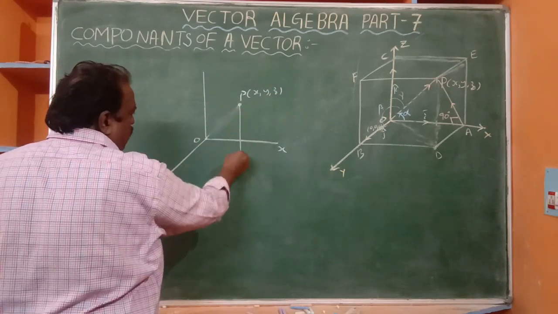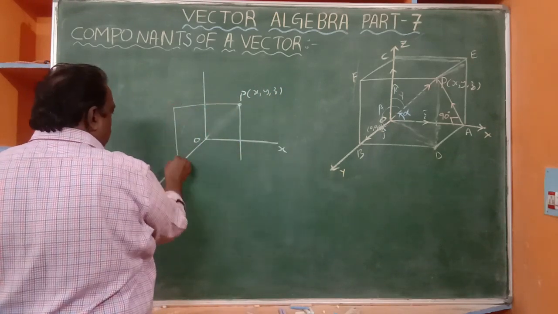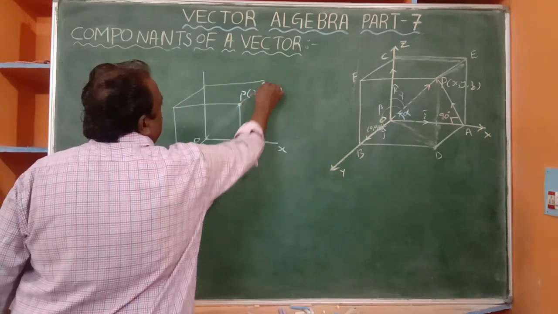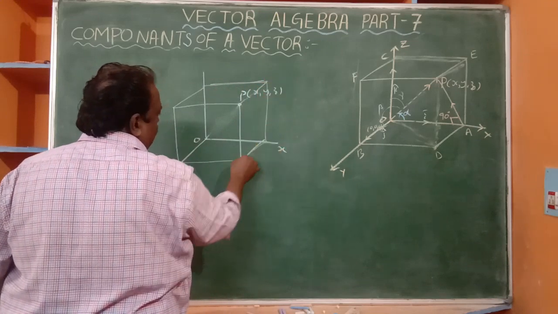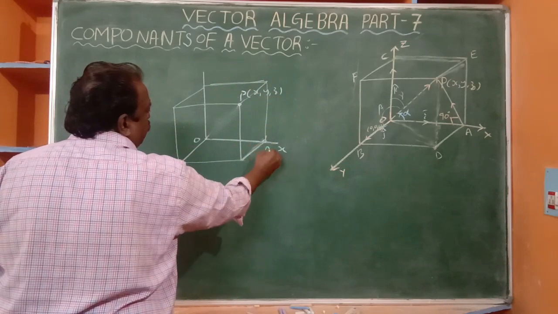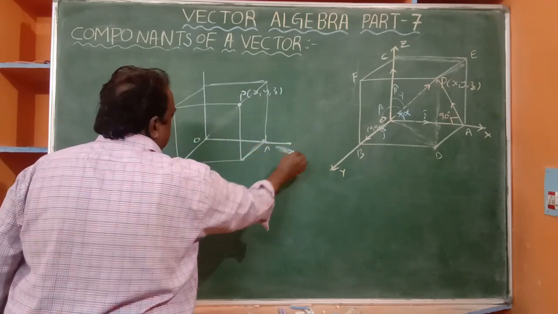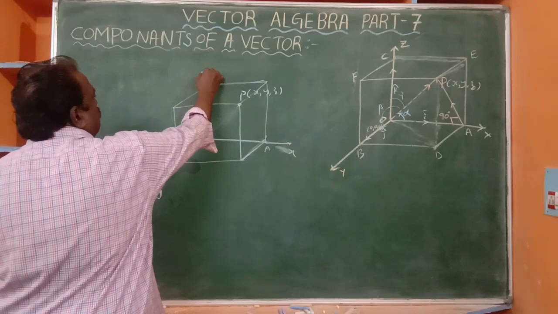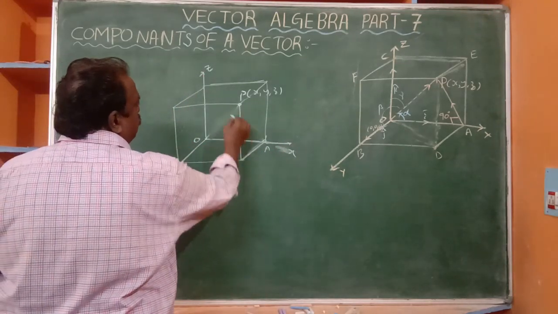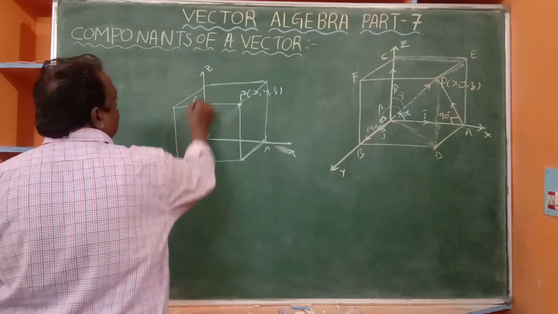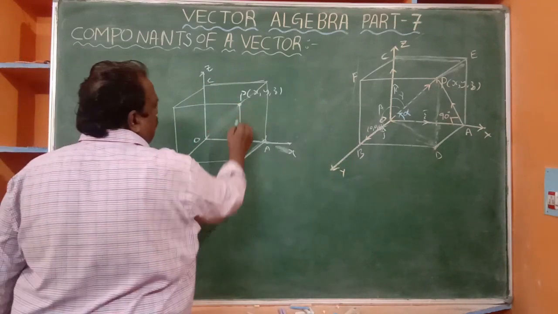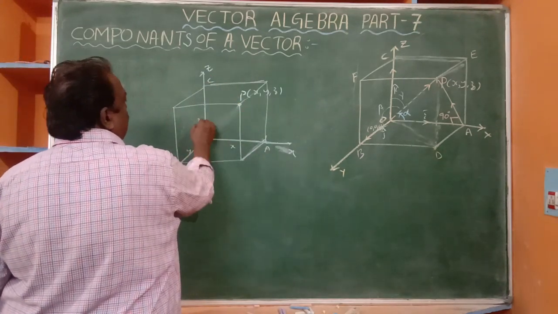From the point like that, we can construct a diagram. You know it well, it is a parallelepiped, or otherwise it is called a cuboid. Here is the x coordinate, so it is x, it is y, and it is z.